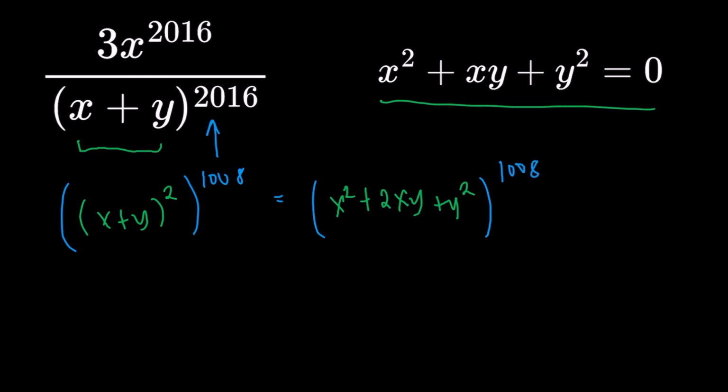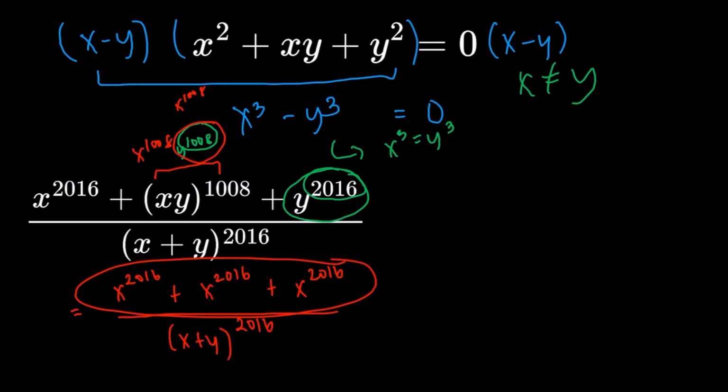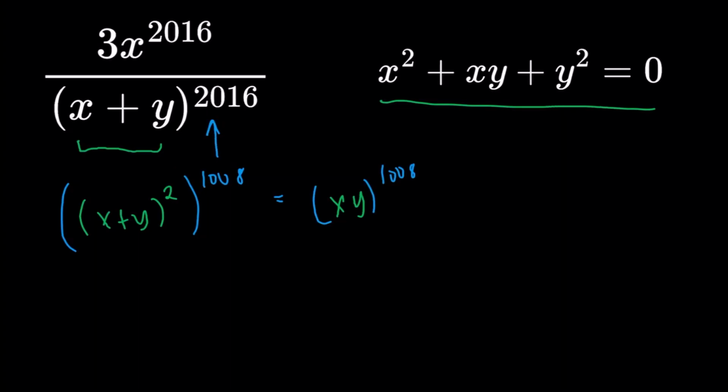But since we have x squared plus xy plus y squared to be 0, this thing in the middle is just simply xy. So essentially we are doing xy raised to 1008. Now this is something similar to this middle term, because we're going to do the distribution of exponents.